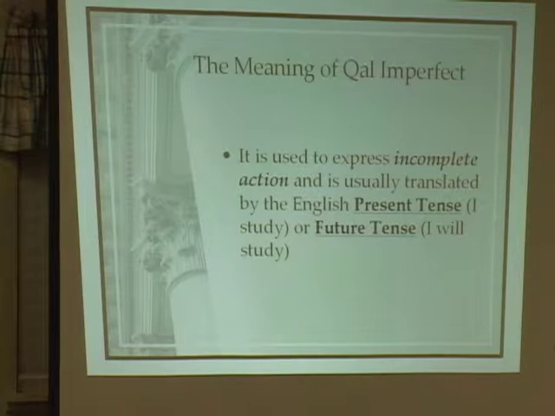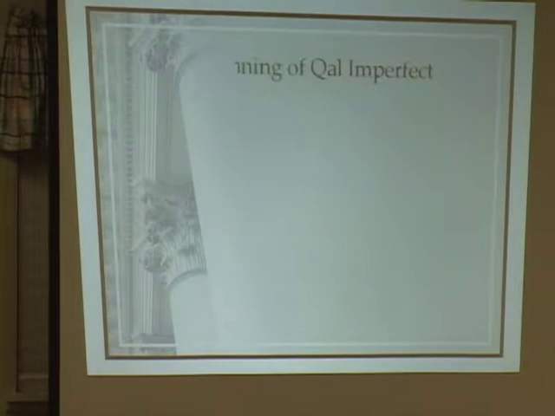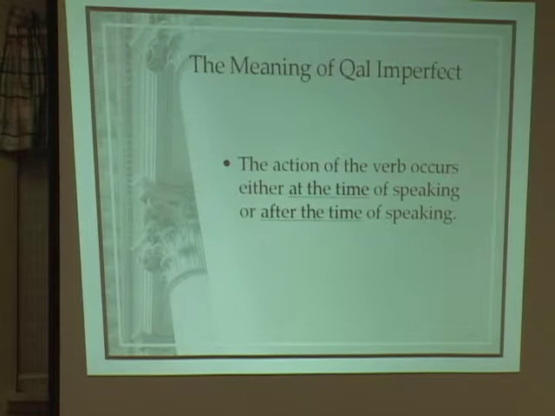Either I study or I will study. But in Hebrew, it's all termed as imperfect. The action of the verb occurs either at the time of speaking or after the time of speaking. Hence, present or future association with English grammar.